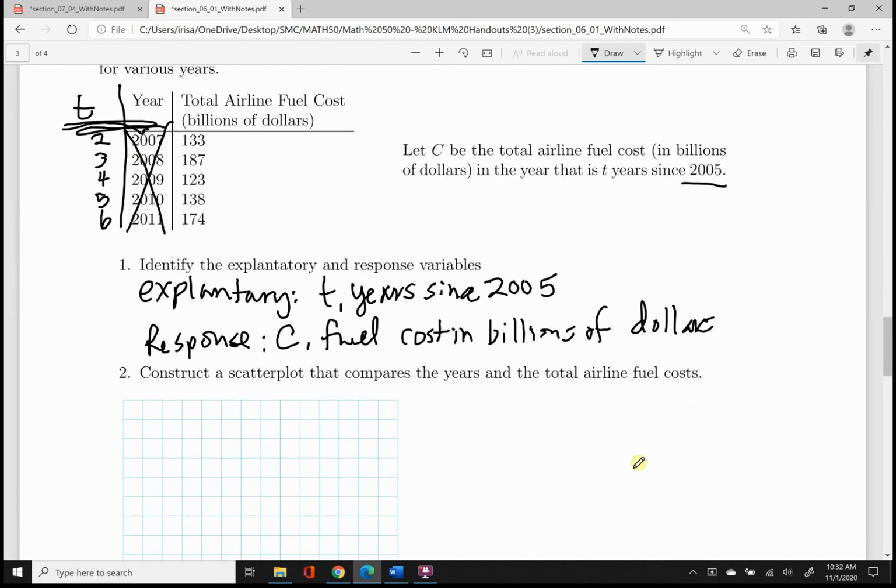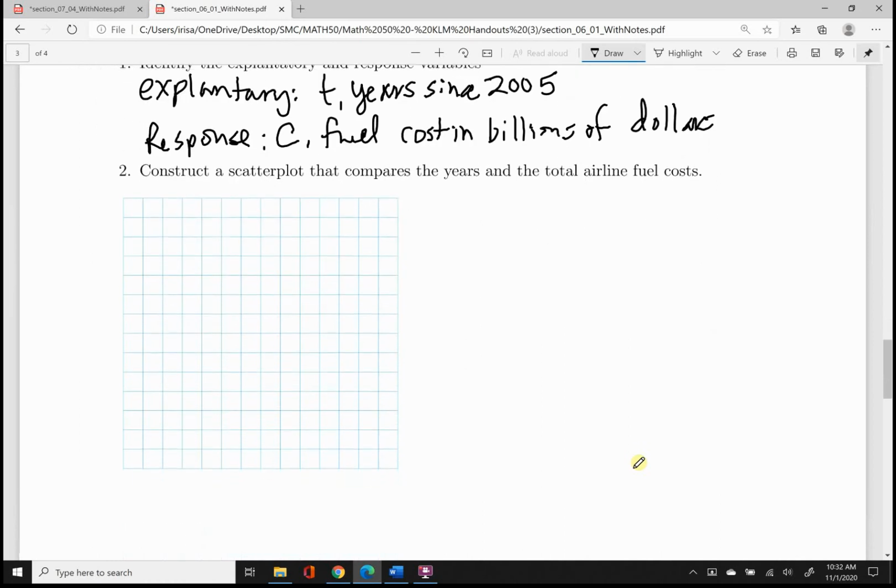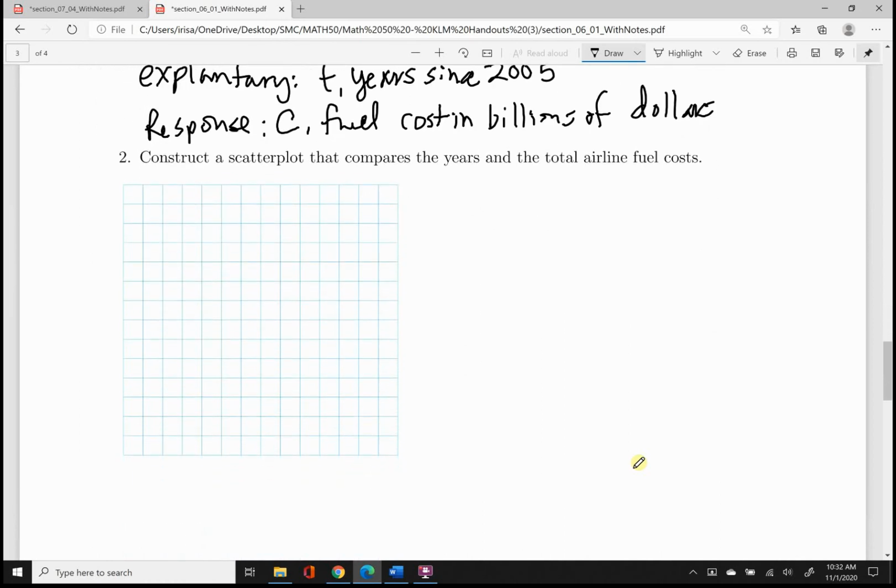Now, years and cost, that's all positive, so it's going to be easy for us to draw the axes. They should be all the way to the left for the vertical axis and the bottom for the horizontal axis.